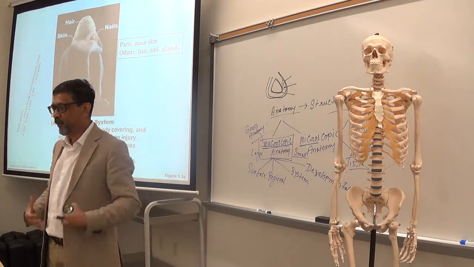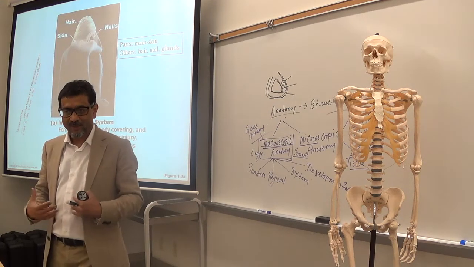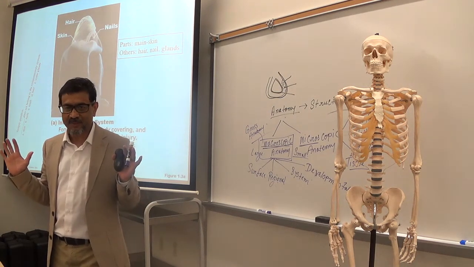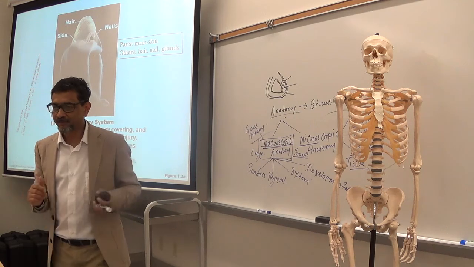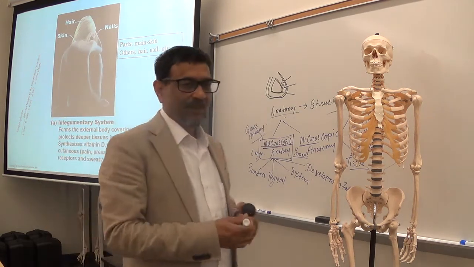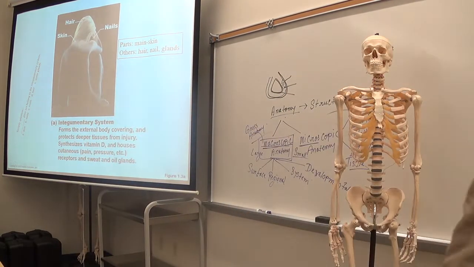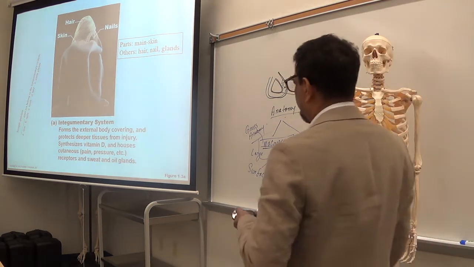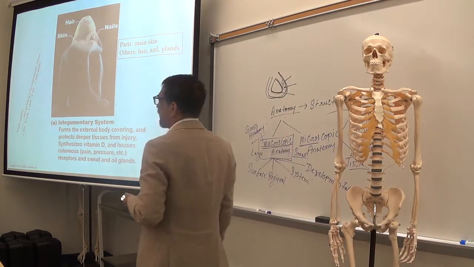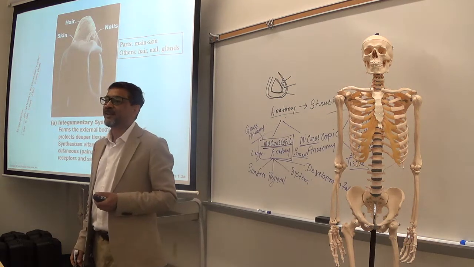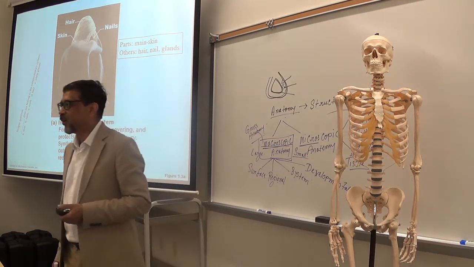By covering the whole body, your integumentary system protects your body, internal structures of the body, right? From outside harms. So protection is number one. Number two, synthesis of vitamin D. How?